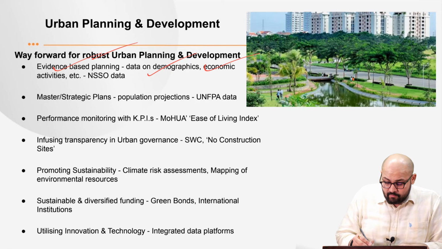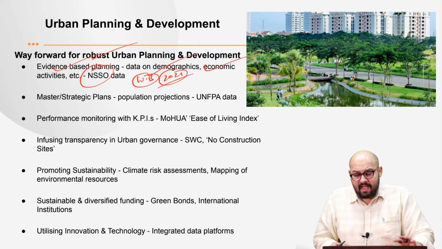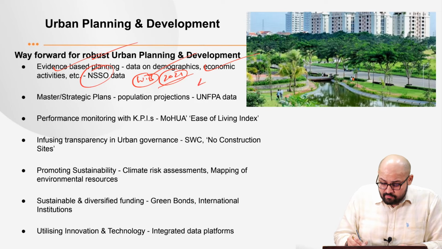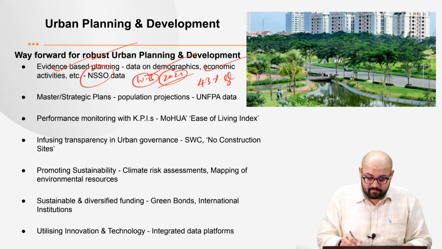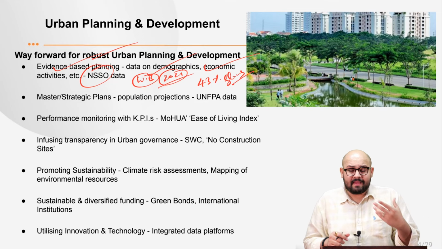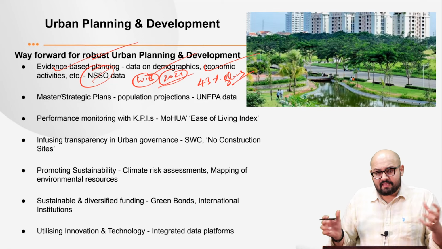For example, a World Bank report of 2021 utilized the data of NSSO, National Sample Survey Organization, and came to the conclusion that almost 43% of the urban population in India lives in slums. That is based on the data provided by the NSSO. So there needs to be an integration of data.